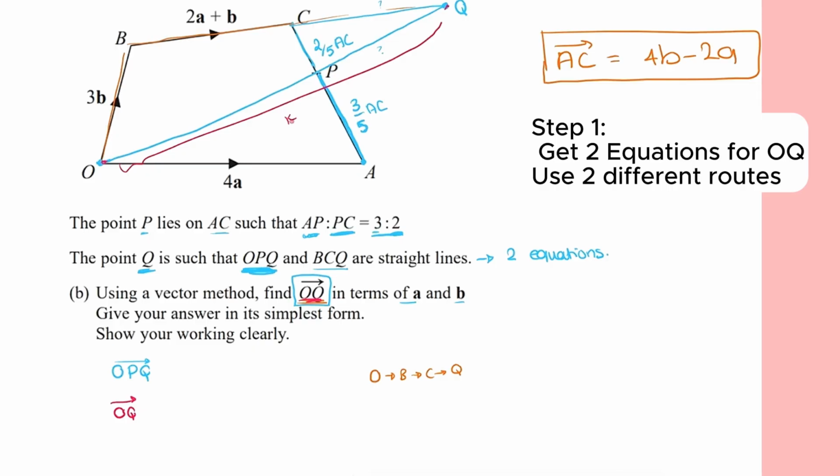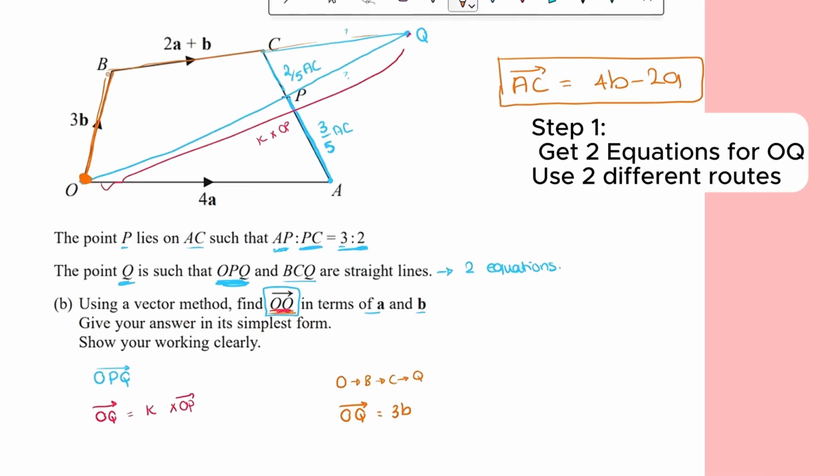So this is K, let's call it K, times OP. So OQ equals some multiple of OP. Now, if I look at the other side, I want to get to OQ from the other side. I'm here at O in the same direction, so I've got 3B. I want to go all the way to Q, BQ.